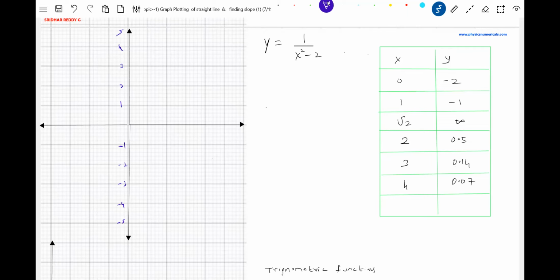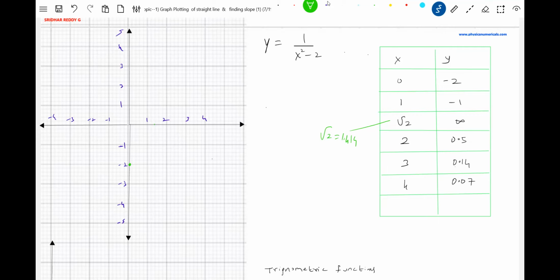These are the values of y. On the other side, we can take the symmetry. At x equal to 0, it will start with minus 0.5. Then at x equal to root 2, what is the value of root 2? It is 1.414. It will be here.